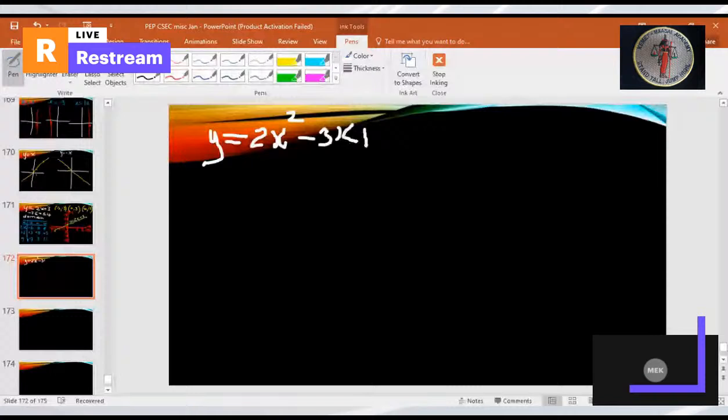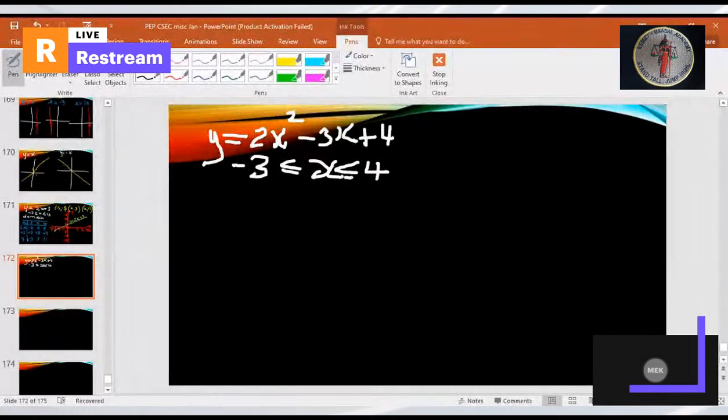And let's say the domain is negative 3 to 4. This is a quadratic. We see the x squared. We're not going to get a straight line. We're going to get a parabola, or a curve.